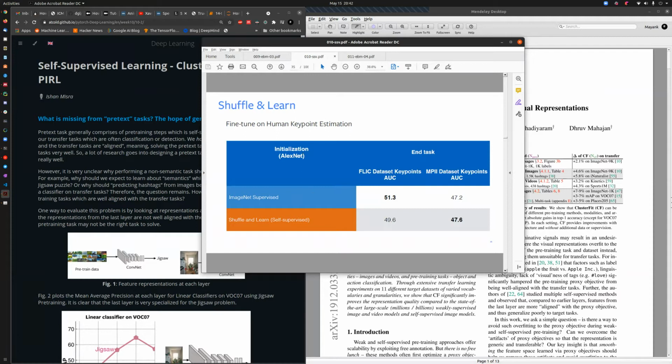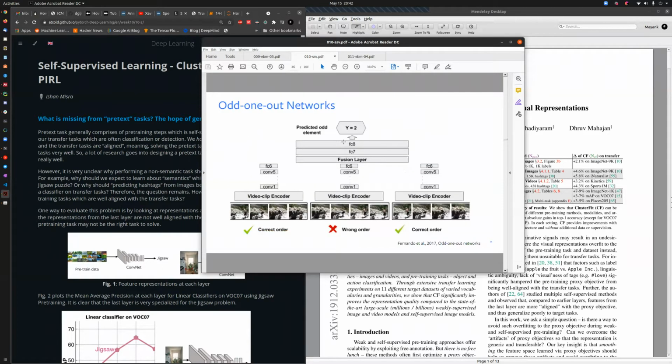Then this shuffle and learn on the ImageNet supervised shuffle and learn datasets. So yeah. Then the odd one out networks, the wrong order and the correct order. This was another paper that had an implementation of a process in which you have a correct order and an incorrect order.